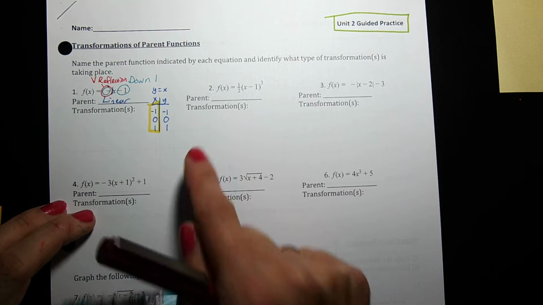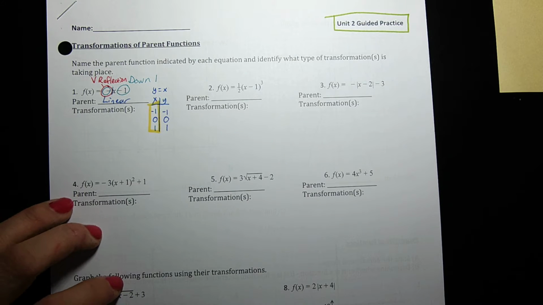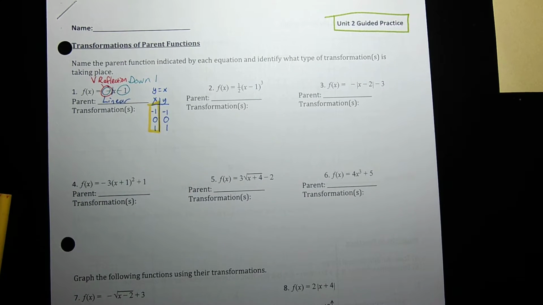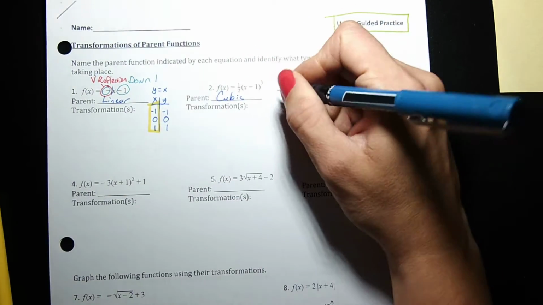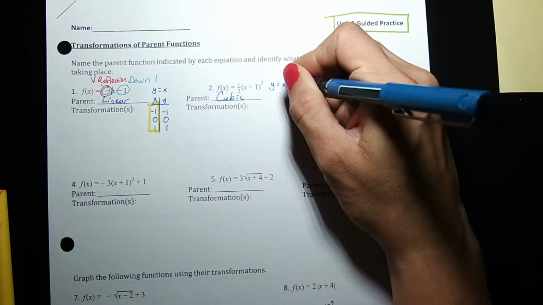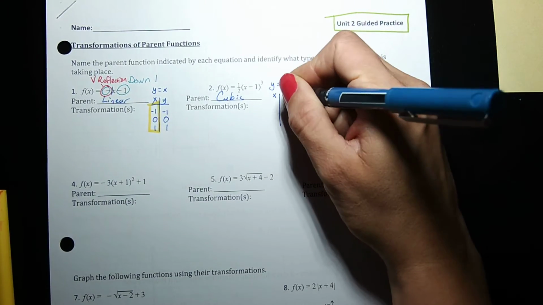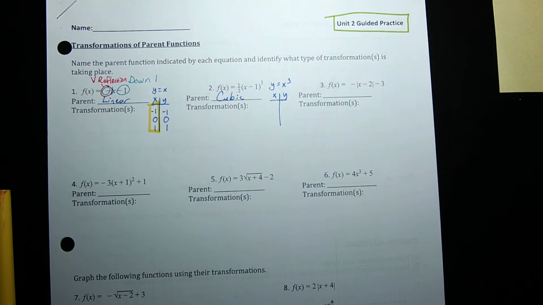Now looking at this one, we've got f of x equals 1/2 times x minus 1 cubed. What type of function is this if it's cubed? A cubic function. So y equals x cubed. Now, for our parent table, what three inputs can we use?